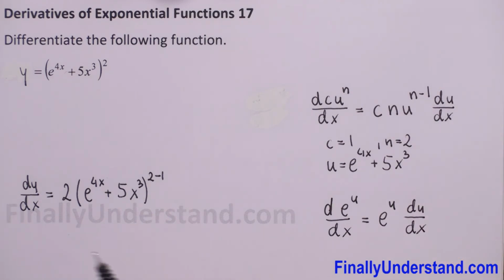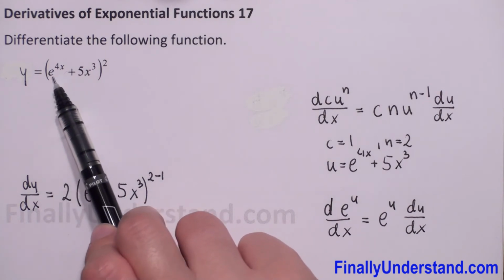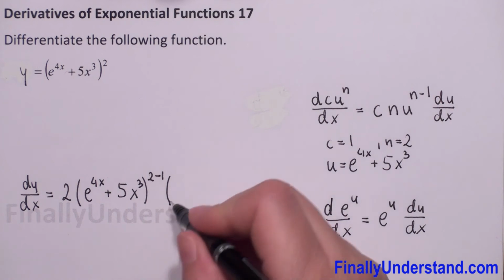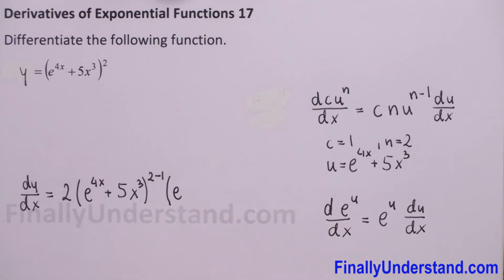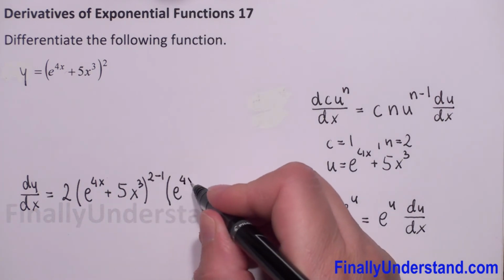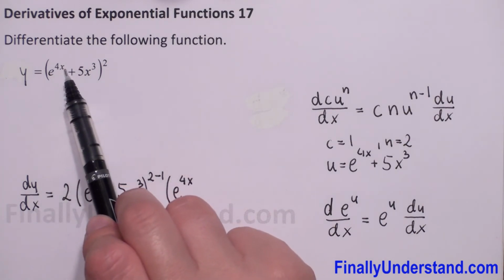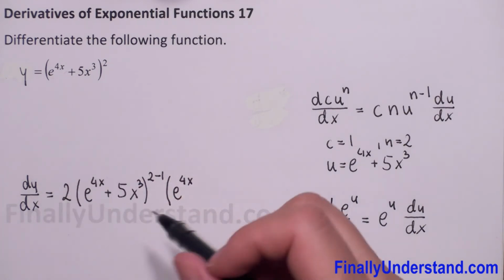So first we have to just copy this expression. Let me put this in parentheses. We have e to power 4x times, now we have to find the derivative of 4x. The derivative of 4x is 4.